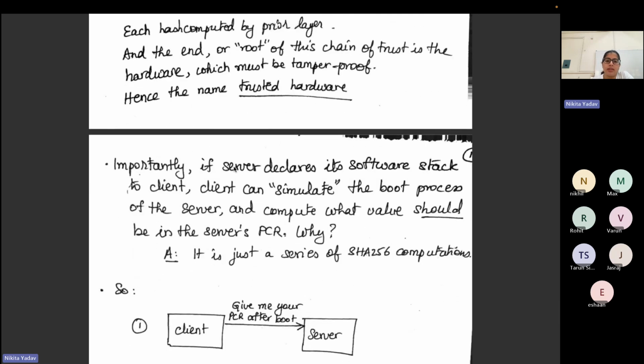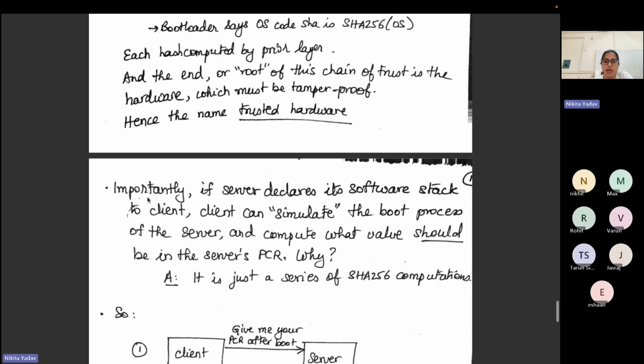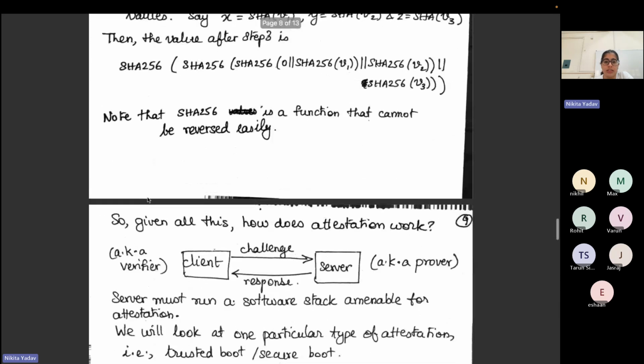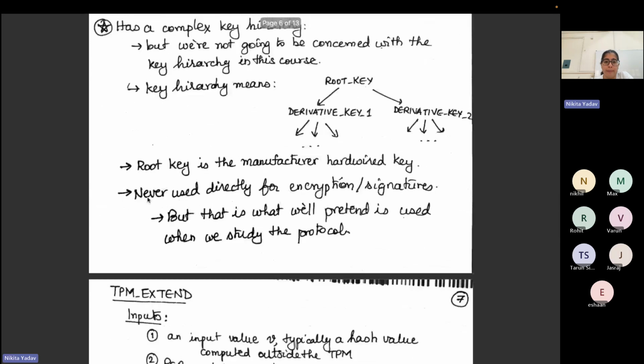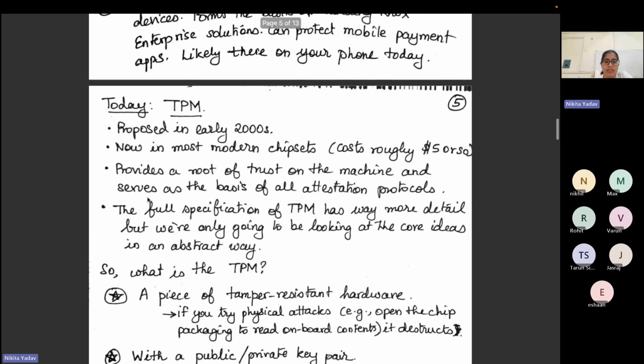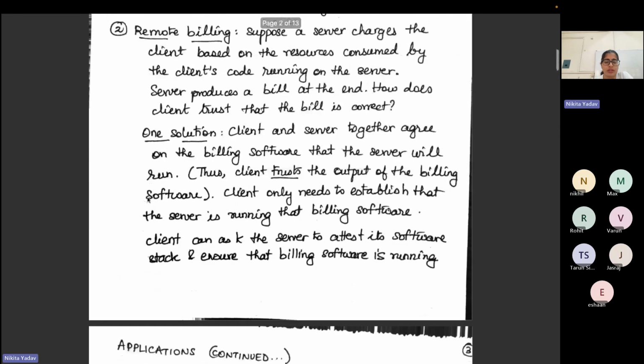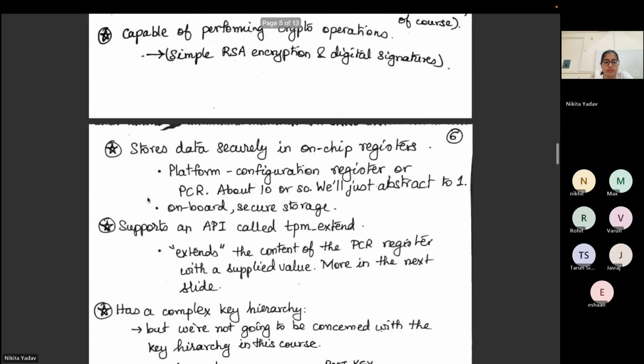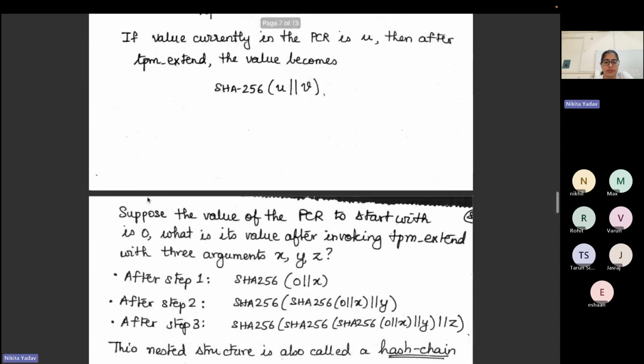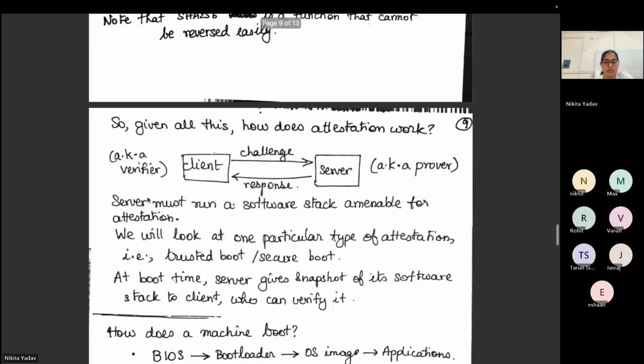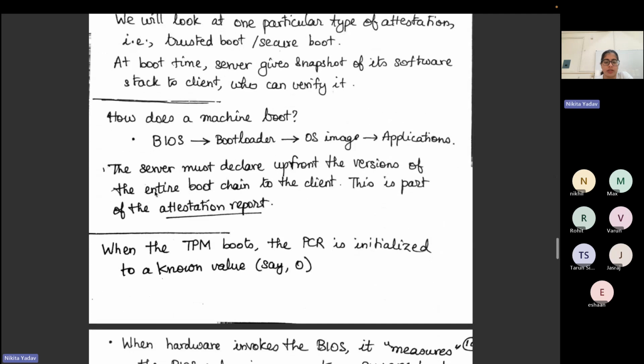The server has already provided its software stack information. Earlier I mentioned the attestation report, it was here.